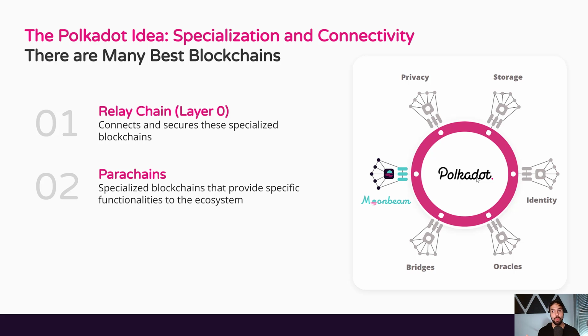For example, within Polkadot, you have parachains that are very specific to privacy, like Manta. You have parachains specific to storage, like Crust. You have parachains for identity, for oracles, for bridges, and you have Moonbeam being one of these parachains, and we'll talk about Moonbeam in a later slide.